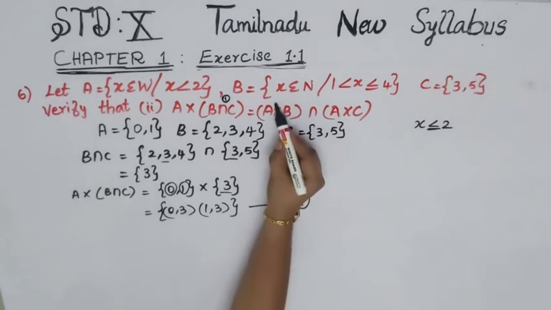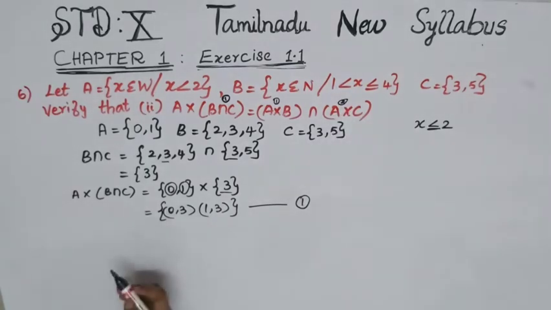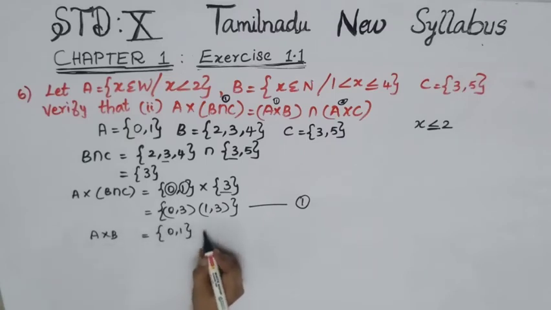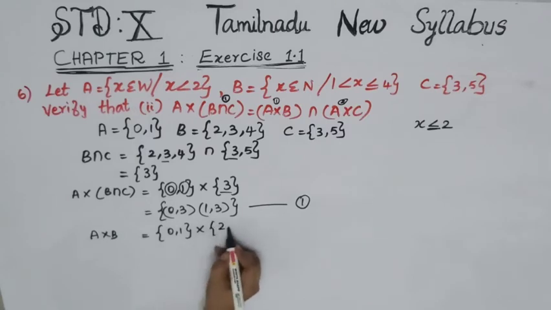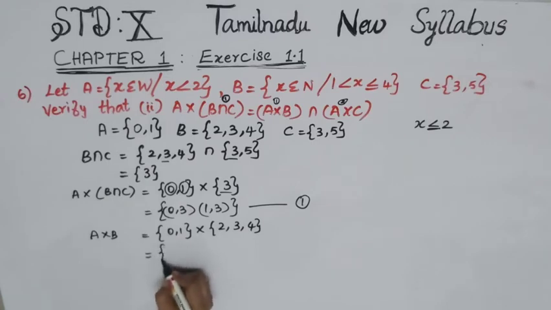Your first step will be A × B, second is A × C. So first we have to find A × B. Write your A, {0, 1}, and B, {2, 3, 4}. Now the cross product, writing your ordered pairs.